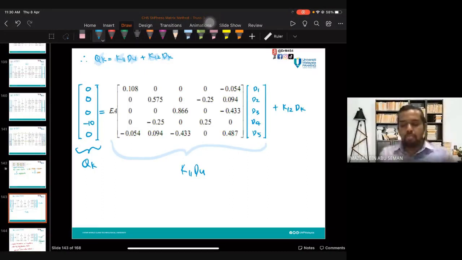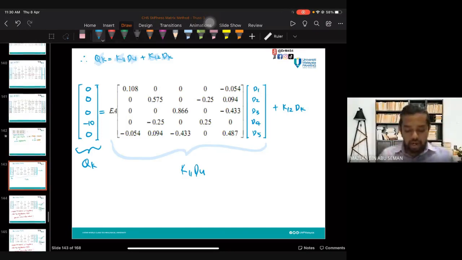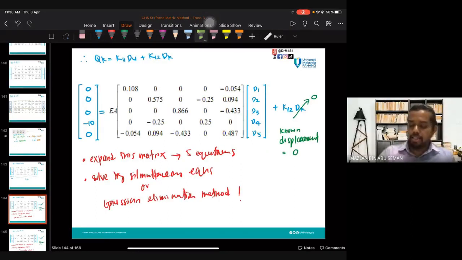You take out that matrix, so you have to expand this. For your information, our dk is 0, right? So when 0, we can cancel out. Simply we can ignore this value because it is multiplied by 0.